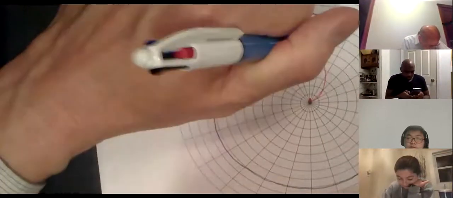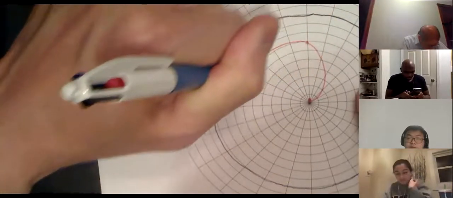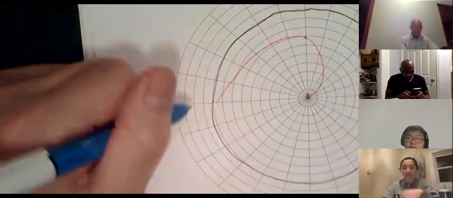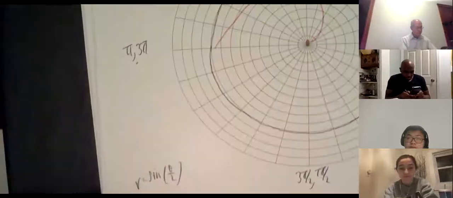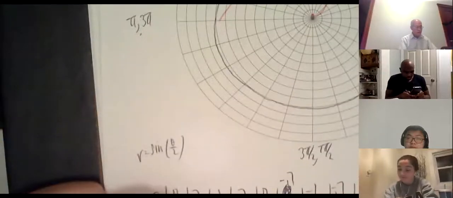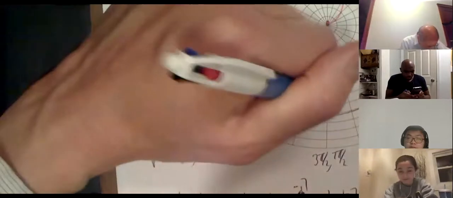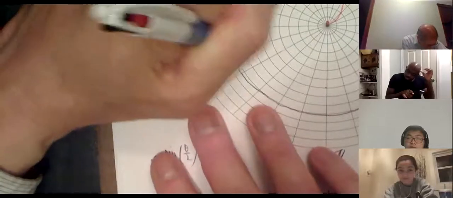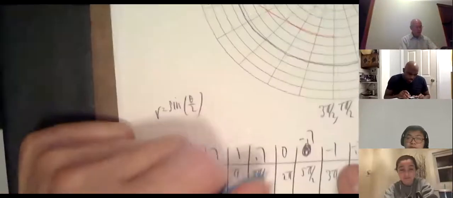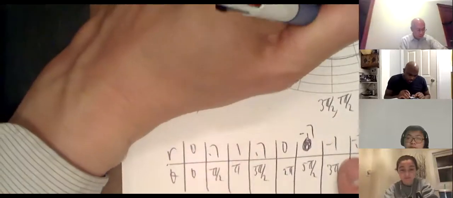Then by the time I reach pi, it's at 1. Kind of grows out to there. And then 3 pi over 2, 0.7 again. And then 2 pi back into 0.